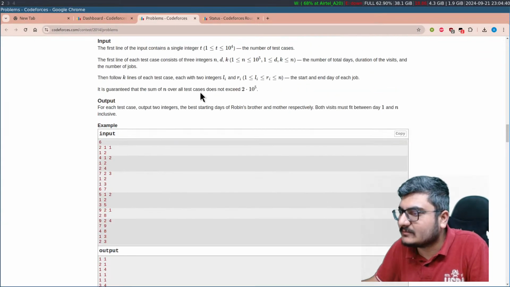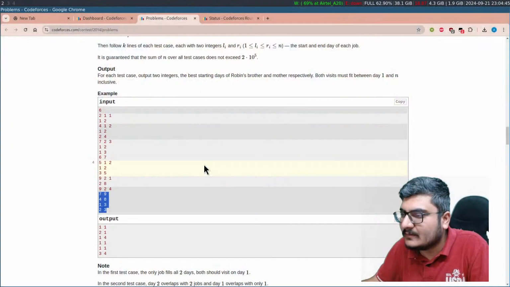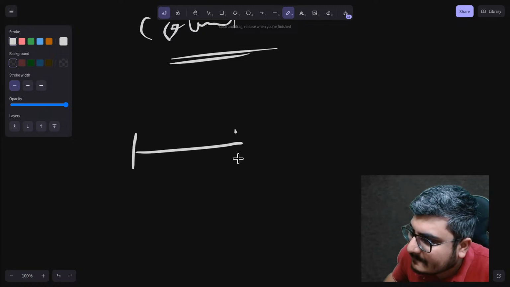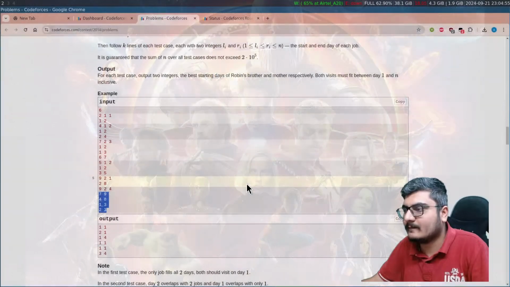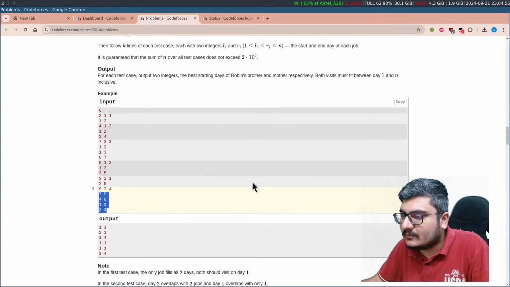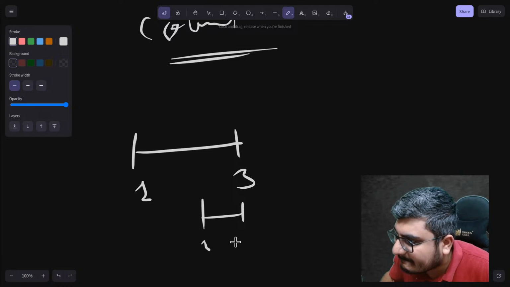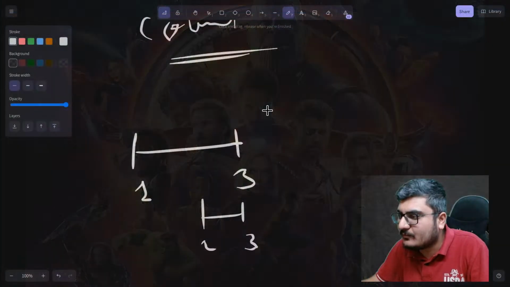So let's first take one of the examples. Let's say this is the example. One job is between day 1 and 3. One job is between day 2 and 3. One job is between day 4 and 8.